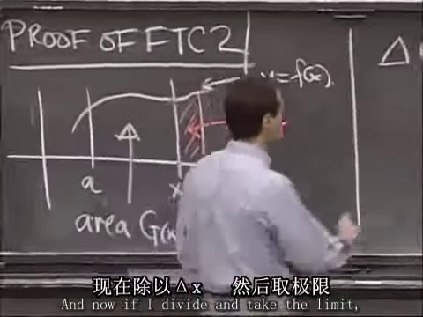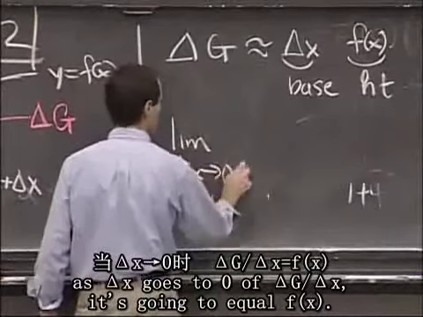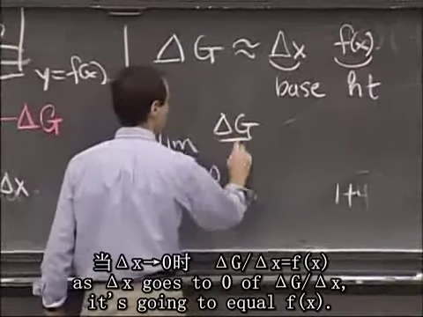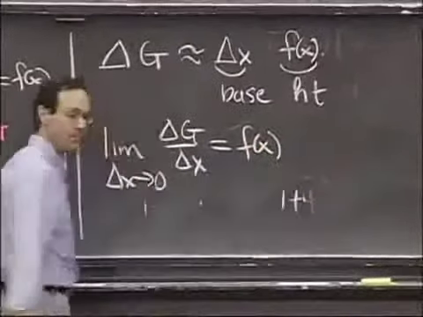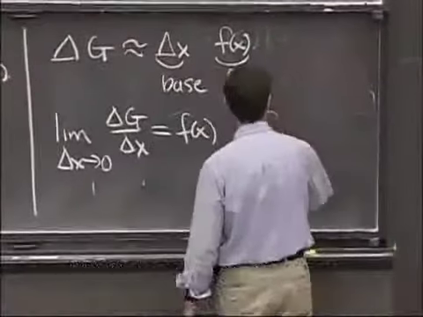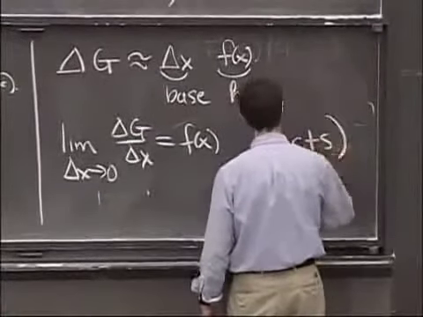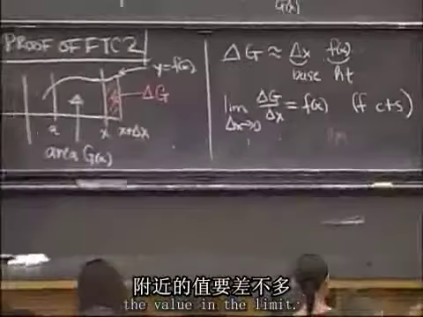And now if I divide and take the limit as delta x goes to 0 of delta g over delta x, it's going to equal f of x. And this is where I'm using the fact that f is continuous, because I need the values nearby to be similar to the value in the limit.